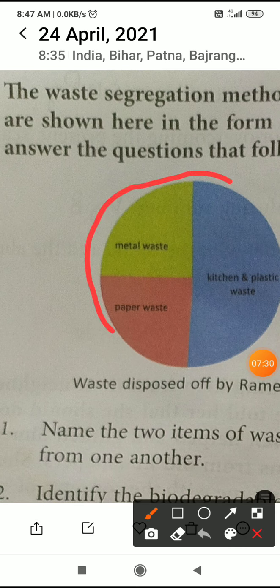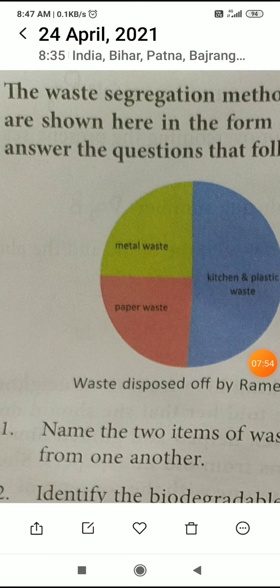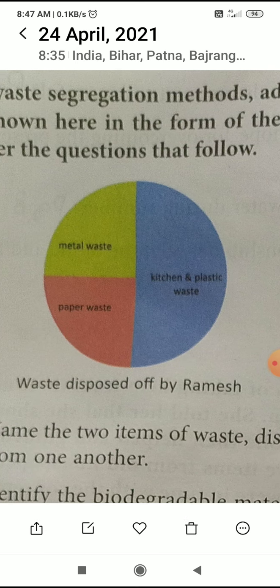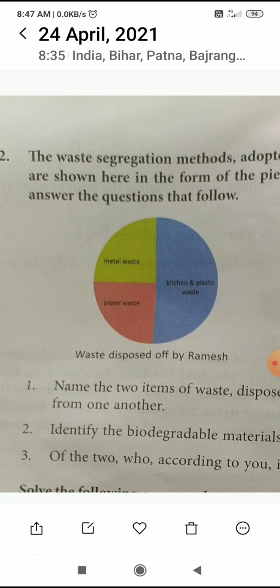You will find small children who are collecting waste products, picking up the materials. It means they are separating the metal waste, paper waste, kitchen waste, and plastic waste separately. They are keeping them in their bag. Okay. So in this way you should know, children, how we should throw the kitchen waste.